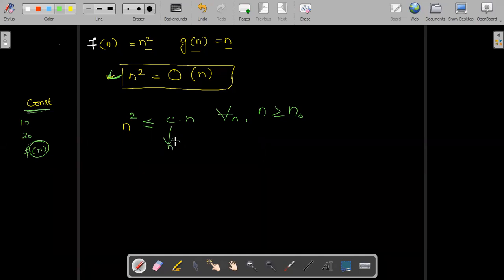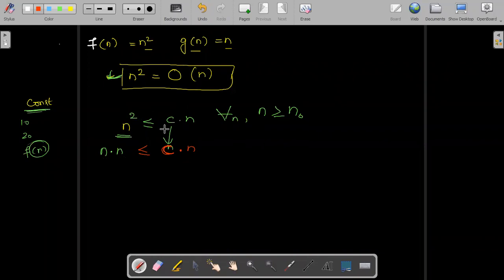For example, n dot n gives n square, less than or equal to c dot n, where n is also a function. Here also it is c dot n, but you cannot take the c value as an n value, that is dangerous. You should not take that.